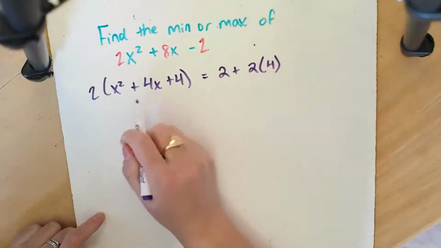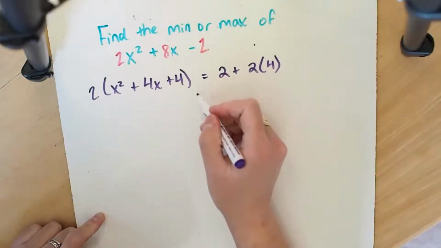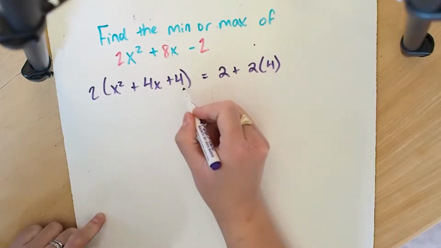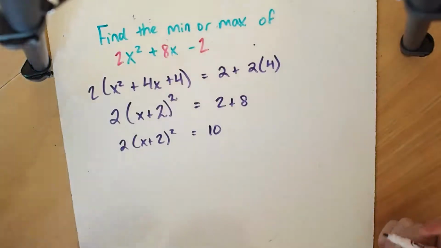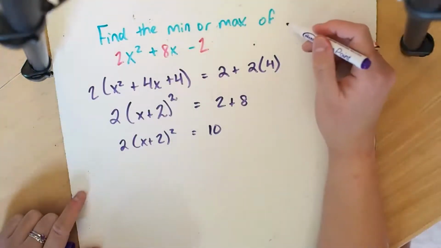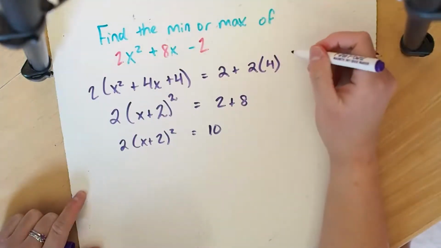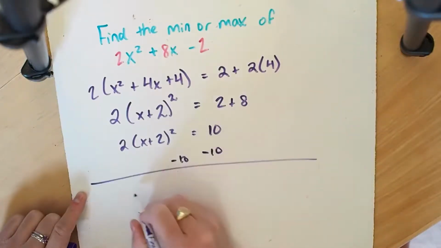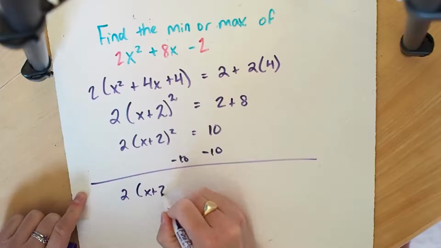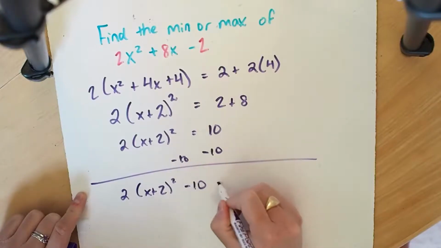Now we can factor this so that it becomes a perfect square. 2 times 2 is 4, 2 plus 2 is 4. Now that I have this, since I'm finding the min or max and rewriting into vertex form and not solving the equation, I just move the 10 back over, and I get 2 times (x plus 2) squared minus 10 equals 0.